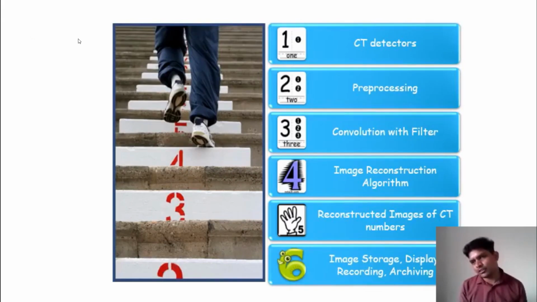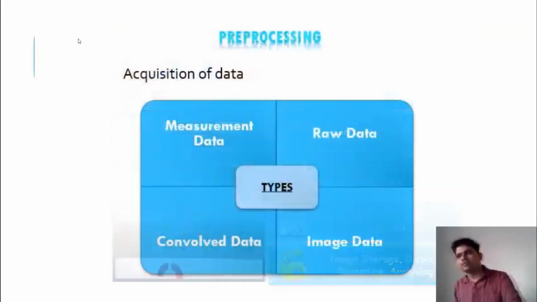Before the CT detector, there are pre-processing techniques. Then convolution with the filter, then the image reconstruction algorithm takes place. Then the image of CT numbers is reconstructed. Finally, image storage, display, recording or archiving is possible. These are the steps which take place after the X-ray reaches the CT detector.